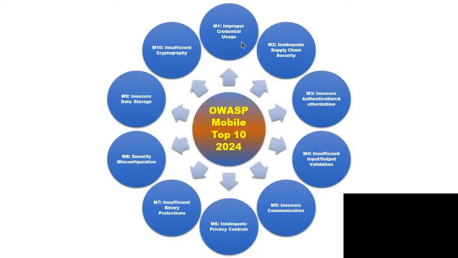Number one on the list is improper credential usage, right? This is one of the security vulnerabilities that is common in mobile applications. What it means is that developers, maybe during tests, while they are building the application, want to test quickly, and they don't have time to be making API calls or looking around for test credentials.